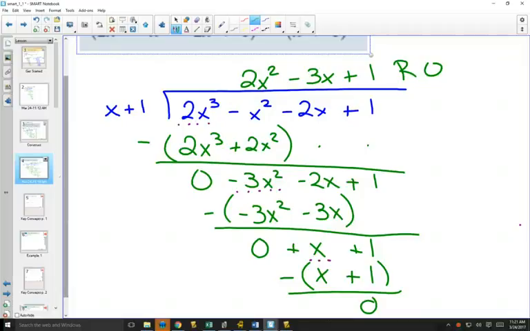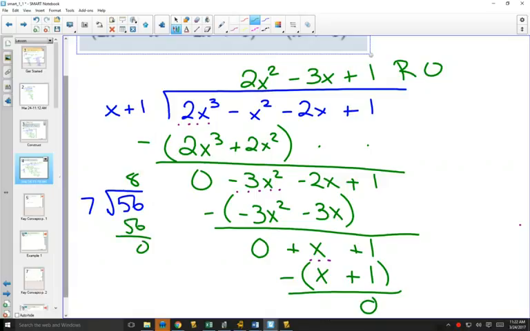So if I wanted to write a statement, okay, now just getting back to regular math, because sometimes you go into algebra and your whole brain goes poof, right? Let's go back to regular math and think about what it means when we divide. If I took something like 56 and I divided by 7, I would get 8, with no remainder.